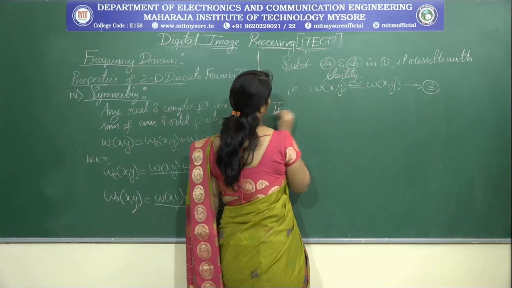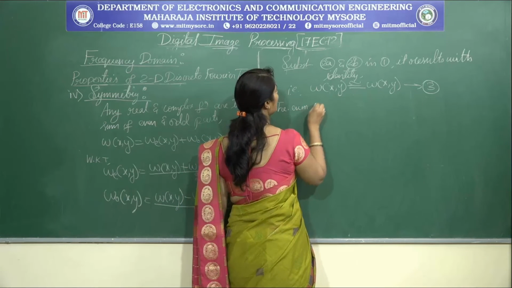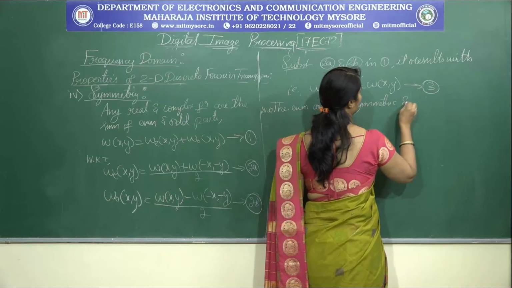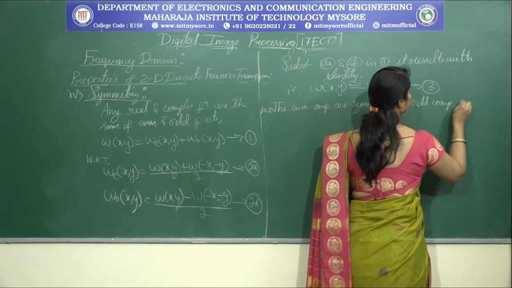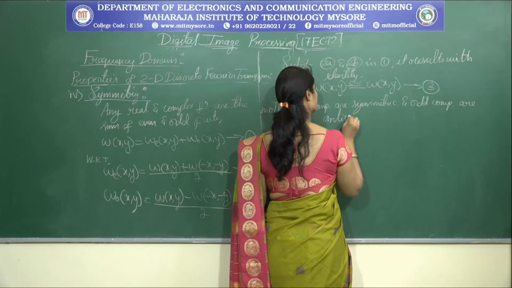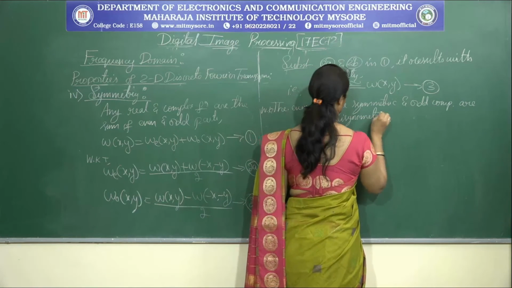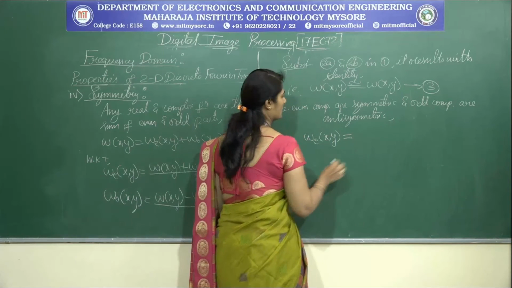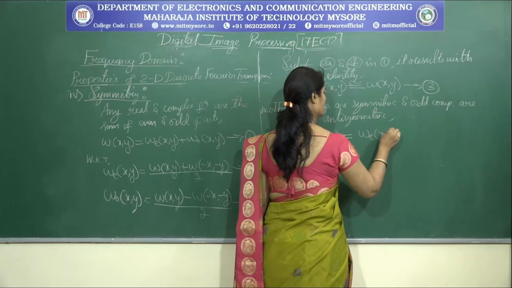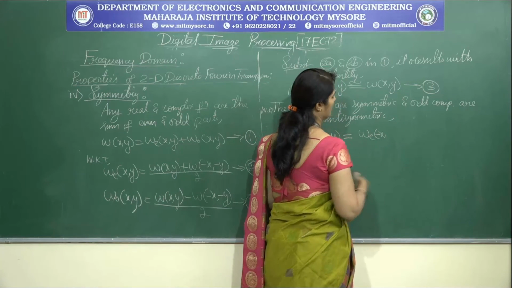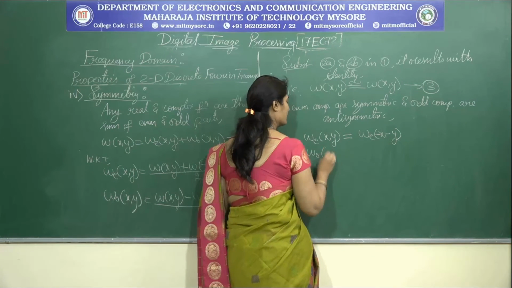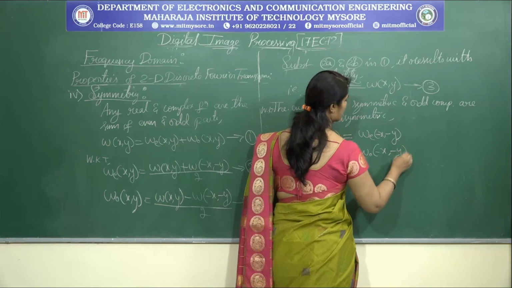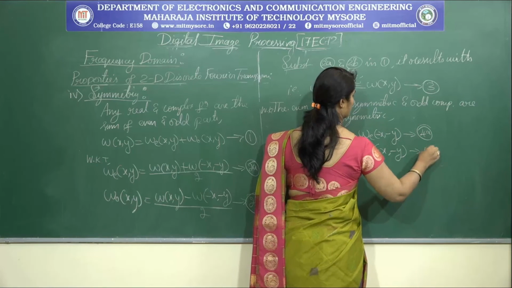Therefore, w even of x comma y is equal to w even of minus x comma minus y, and for the odd component, as it is antisymmetric, w odd of x comma y is equal to minus w odd of minus x comma minus y, as shown in 4a and 4b.